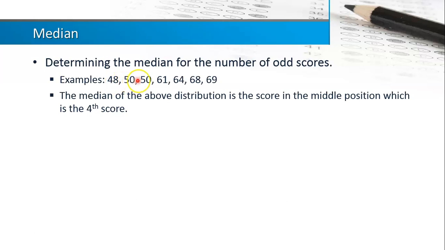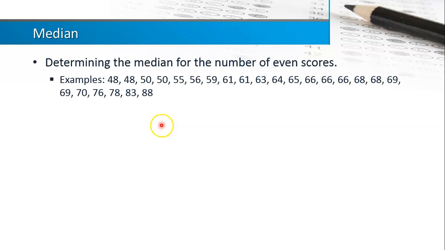You have 1, 2, 3, 4, 5, 6, 7. So 7 scores, and your middle position would be the fourth one: 1, 2, 3, 4. So the median value is 61. It's quite straightforward for that one.